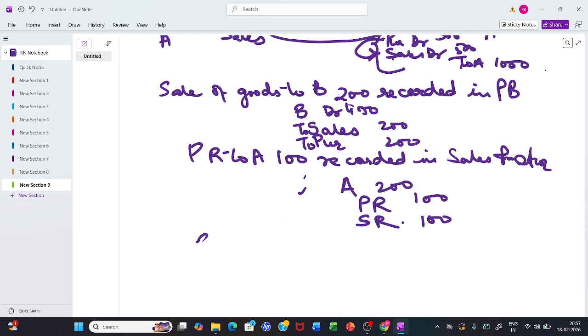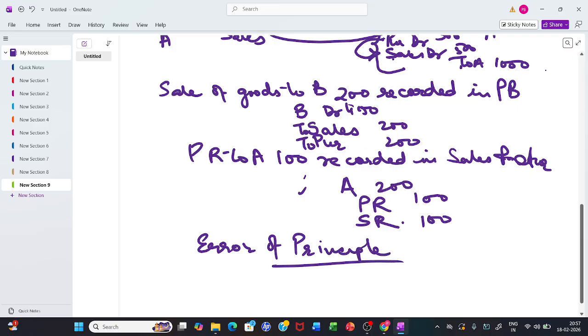Next category is error of principle, the concept-based mistakes we make. Here we need to know what is capital expenditure and what is revenue expenditure.